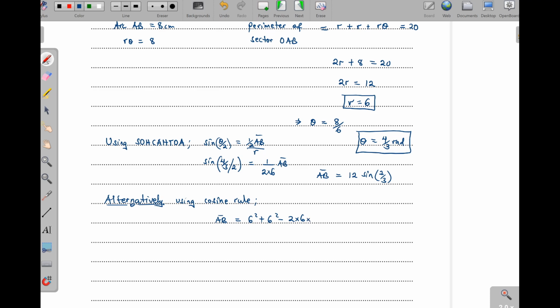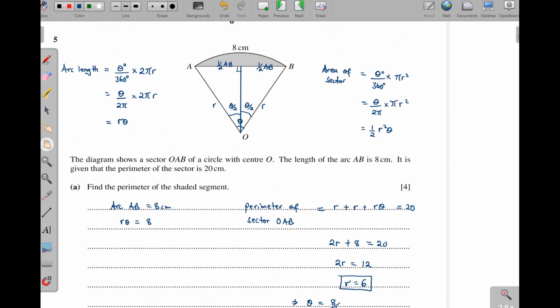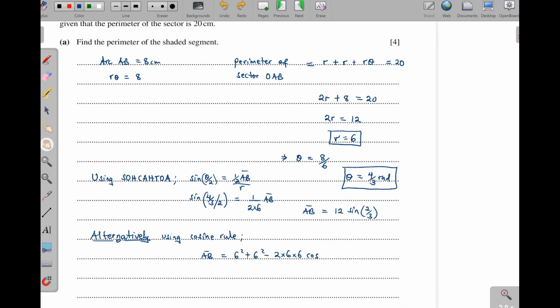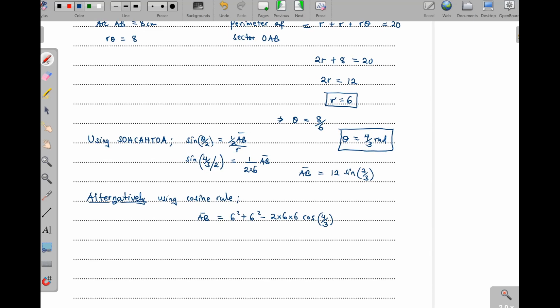So that is 6, and then a 6, then cosine of the angle which is opposite to this side here. So that angle is that theta. So cosine of theta, which theta is 4 out of 3. So of course, this one is supposed to be squared.